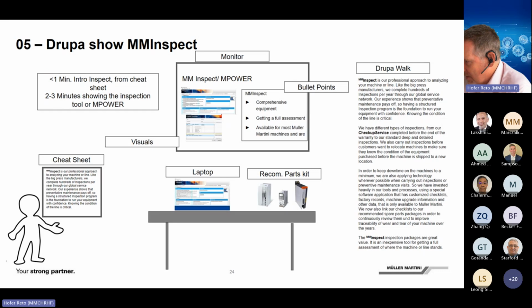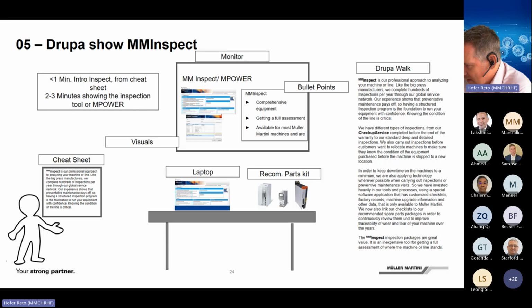In order to keep downtime on the machine to a minimum, we are also applying technology wherever possible when carrying out inspections or preventive maintenance visits. So we have invested heavily in our tools and processes, using a special software application that has customized checklists, factory records, machine upgrade information, and other data that is only available to Muller Martini.